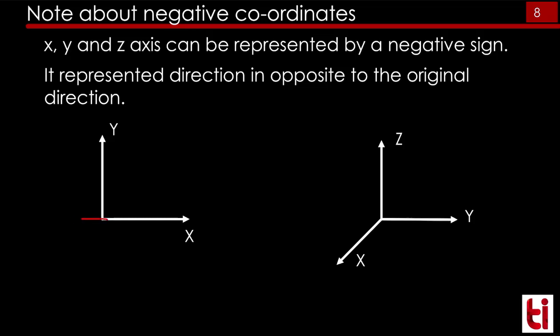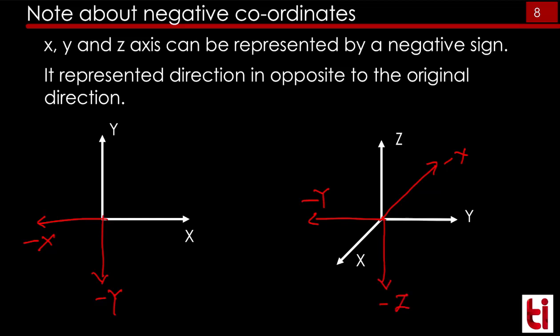The opposite of this will be the negative x-axis. The opposite of this will be the negative y-axis. Similarly, in 3 dimensions, the opposite of this will be negative x, the opposite of this will be negative y, and the opposite of this will be negative z.